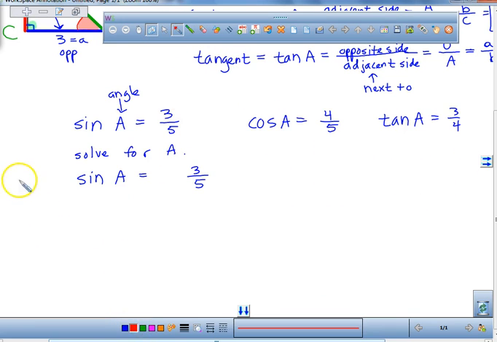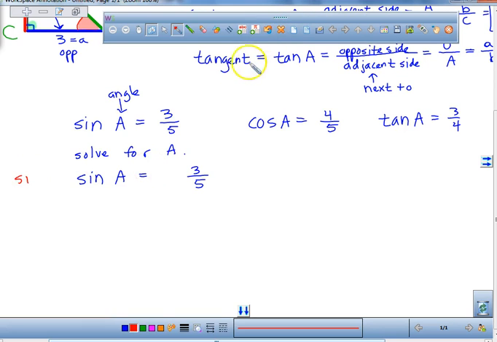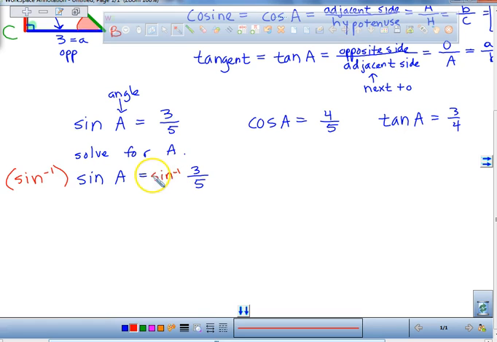So this is what I need you to put in your journal, because if you don't, you might forget. Can you see what I applied to both sides?